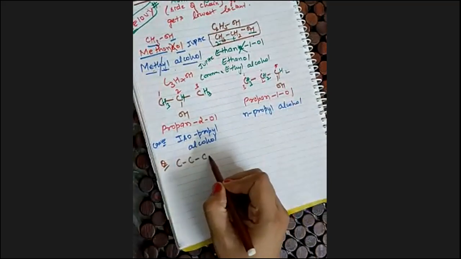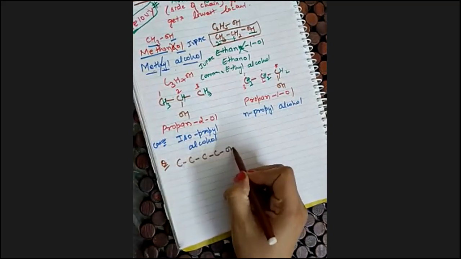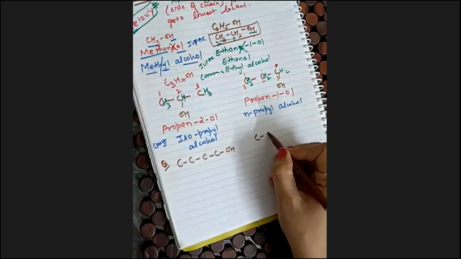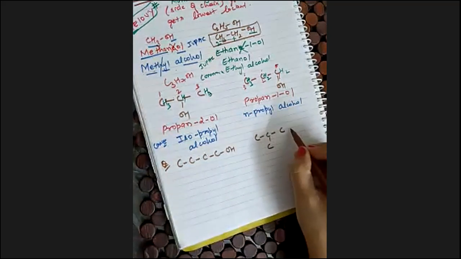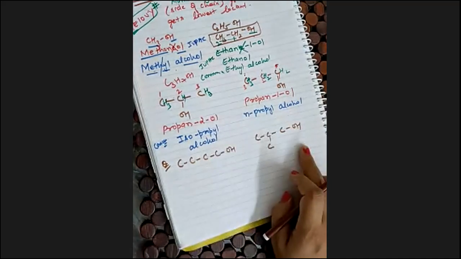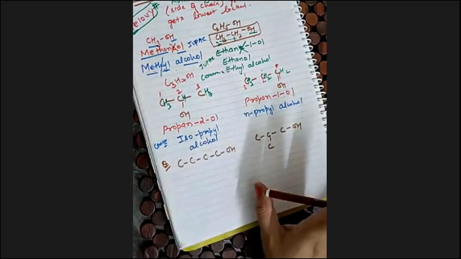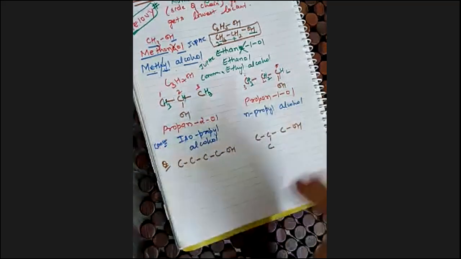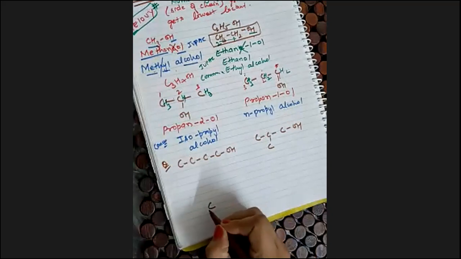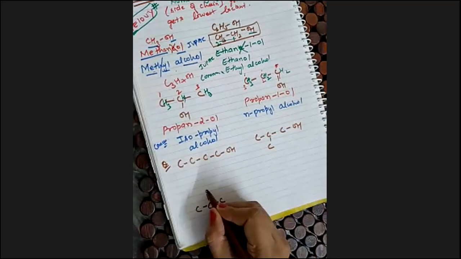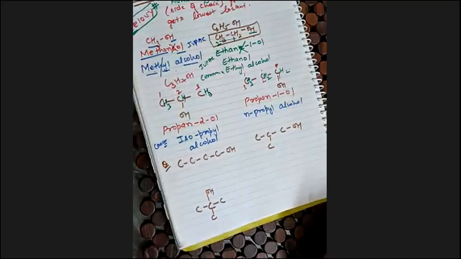1, 2, 3, 4 carbon and 1 OH group. Same, 4 carbon and 1 OH group. See, I am taking 4 carbons only, but I am arranging the OH at different places, so that you will be able to understand the difference between common name and IUPAC. 4 carbon and 1 OH group.